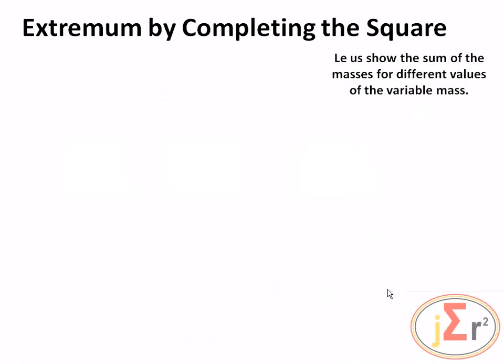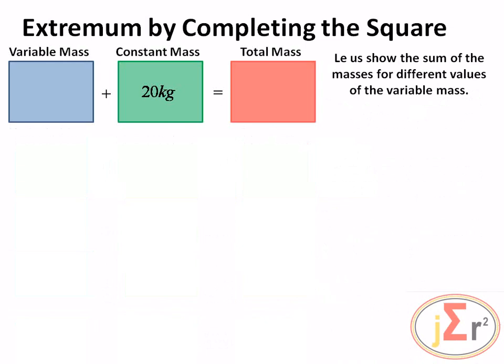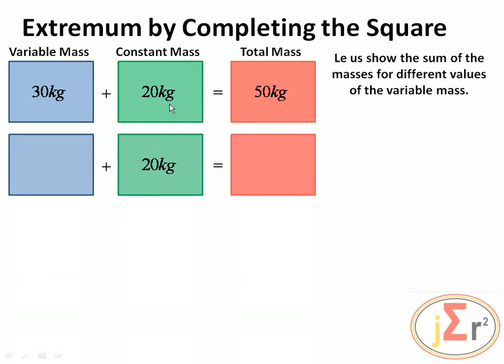Let us show the sum of the masses for different values of the variable mass. So we have the variable mass right here and the constant mass right there, and what is going to happen to the total mass. When it is 30, 20 plus 30 is equal to 50, and of course the constant mass remains 20 kilogram.